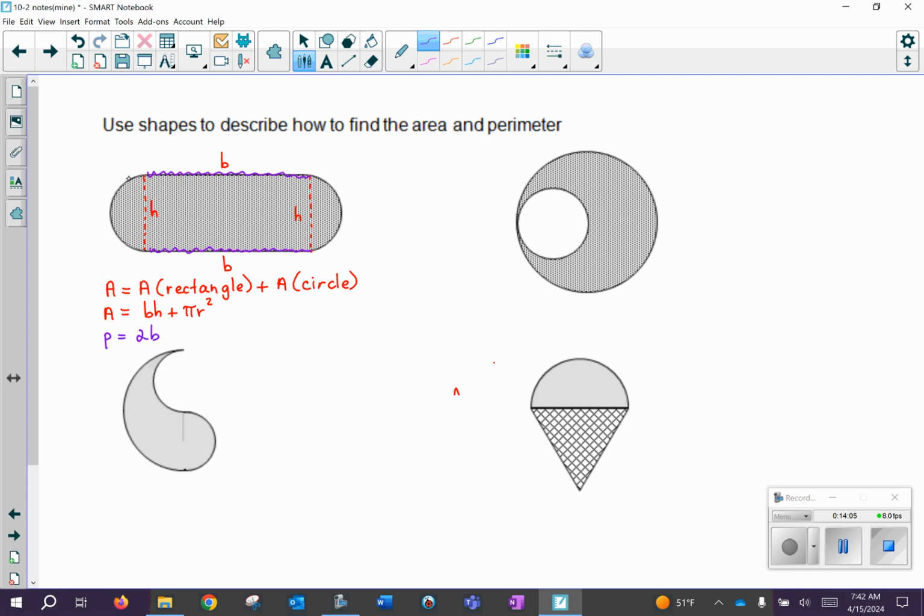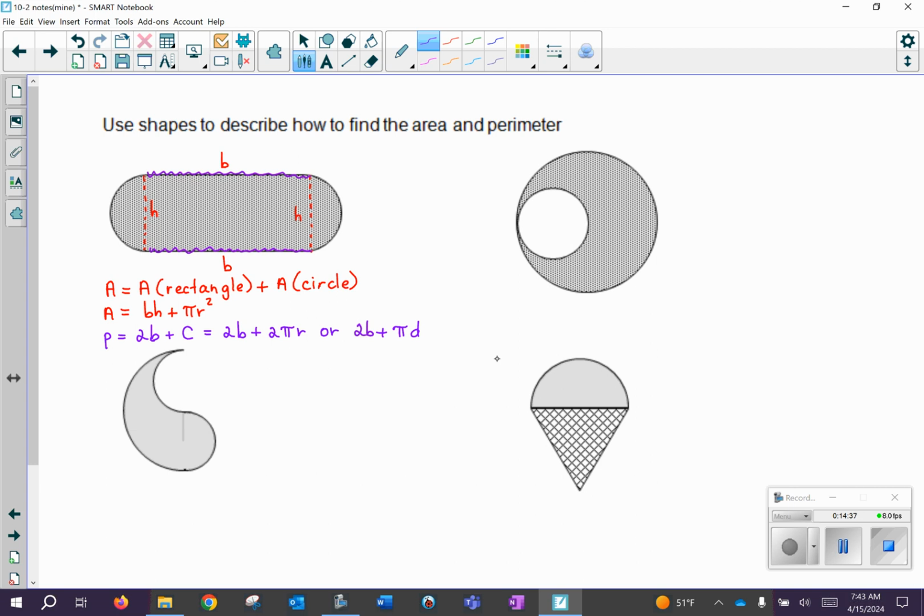And then this distance here and here is just the distance around the outside of a circle, and that is called circumference. So we're going to say 2b plus capital C for circumference. In other words, 2b plus circumference is 2 pi r. That's what I'm going to go with. For those of you that are still doing circumference as pi d, then you might be saying 2b plus pi d.